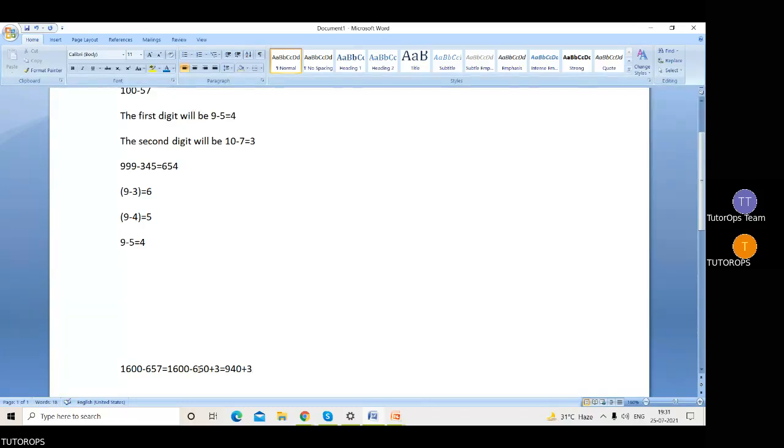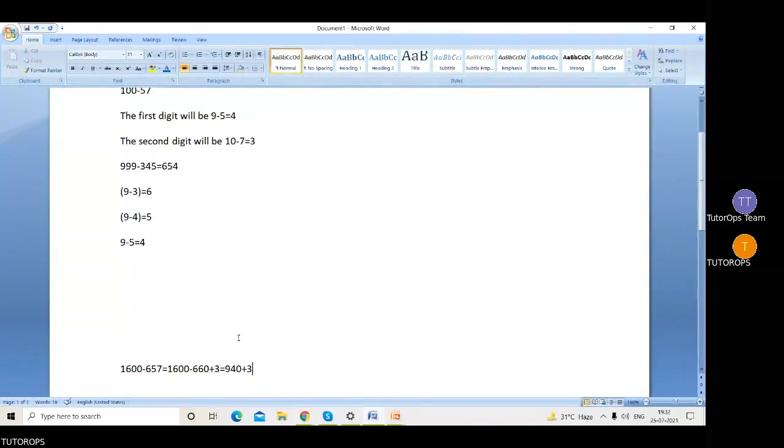We are considering 100 as a unit, so 1600 is 16 units, and we are taking a number which is bigger than 6 units but lesser than 7 units. So the first number will be 16 minus 7, so 9, and the latter part will follow by the all from 9 and the last from 10 method. Okay.